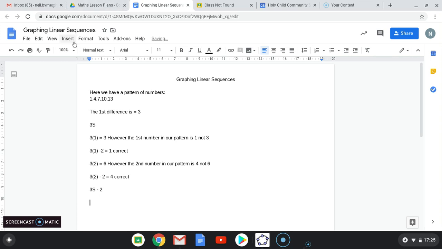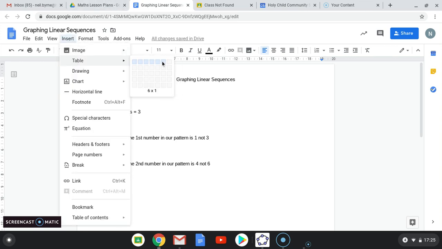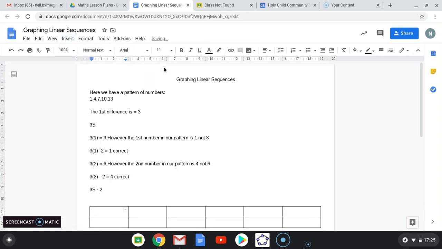If I put it in the form of a table, where we've got our stage number and our value, stage 1 was 1, stage 2 was 4, stage 3 was 7, stage 4 was 10, stage 5 was 13.